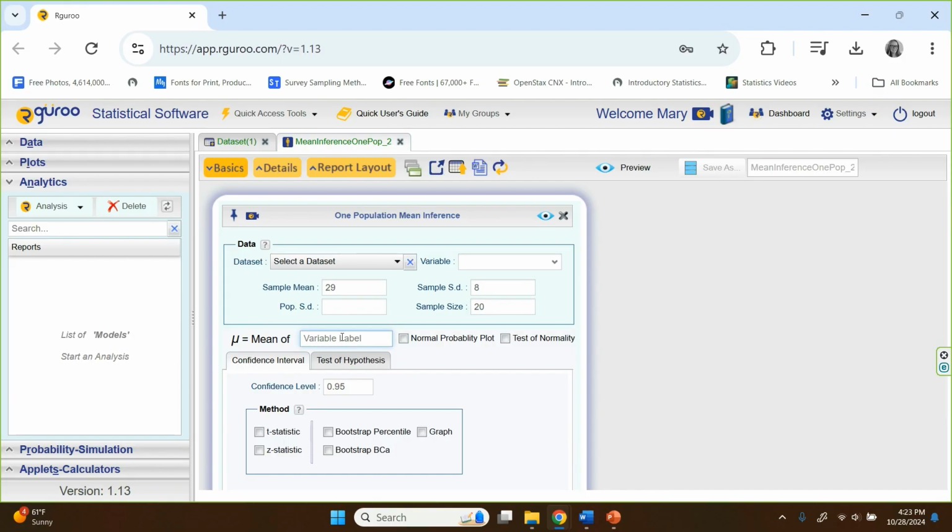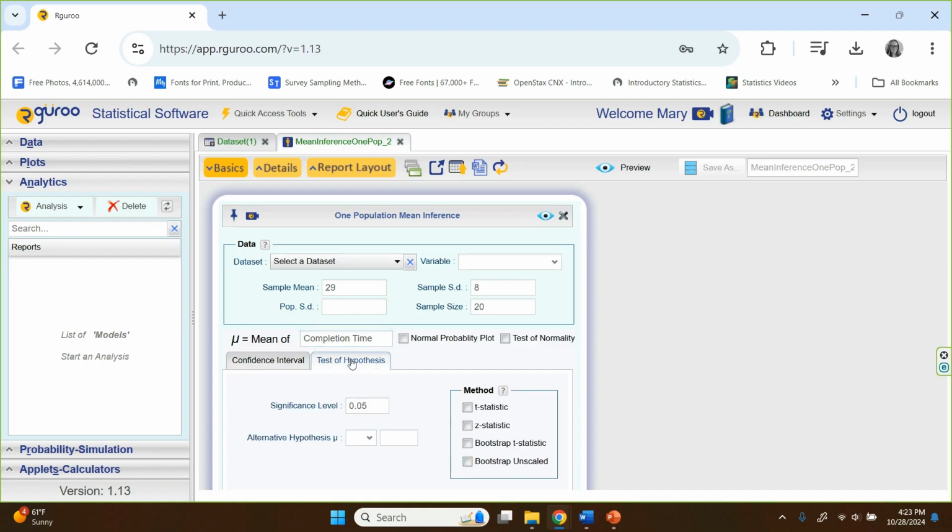Let's go down here. We have to give it a label. It's just for the output. I'm going to call this completion time. You can call it anything you want. We're going to click on the test of hypothesis. We'll enter in our significance level, which was 0.05. And our alternative, there's less than, there's greater than. And this is how Rguroo denotes not equals to.